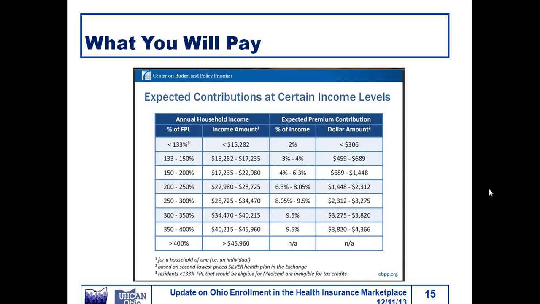Now, if your income is close to 400% of the federal poverty level, you're going to pay more of your income, a larger percentage, 9.5%. So this is an effort to make the tax subsidies fair depending on people's income. Next.